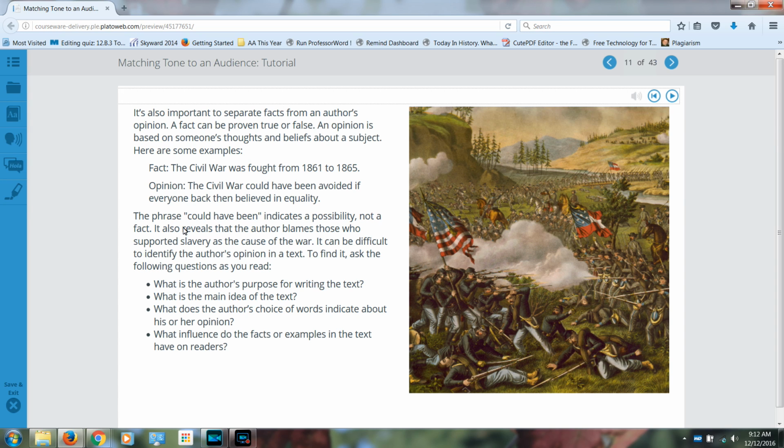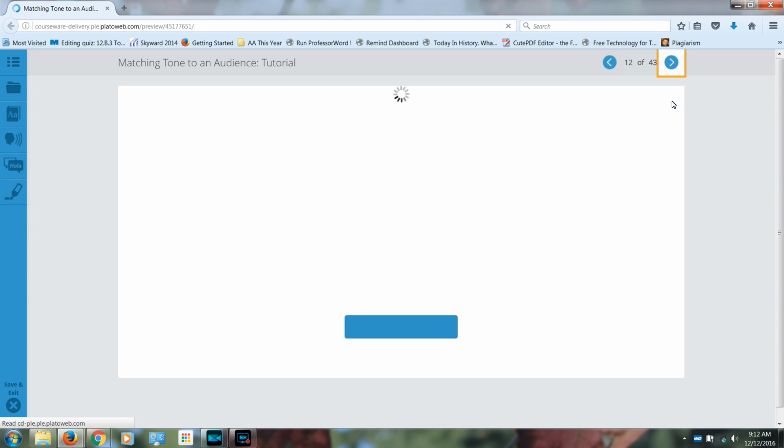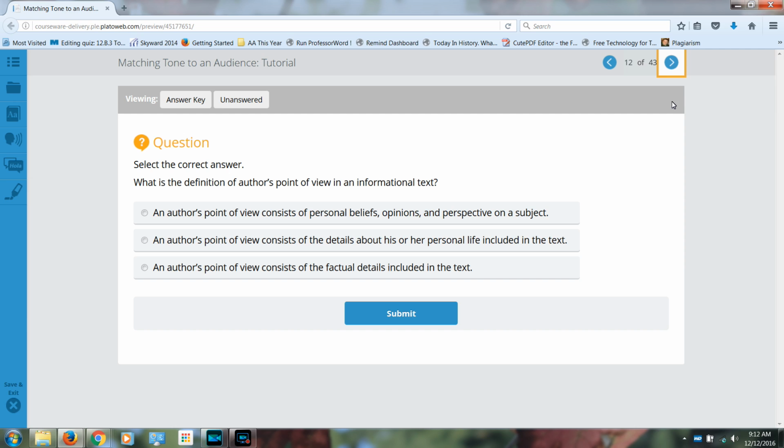Okay, now here's an opinion. Civil War could have been avoided. Do they have beliefs? Now, there's going to be a reason why the author's writing that. Maybe he's retelling the story. Maybe he's choosing a side and giving us information as to why his point of view is important. Okay.